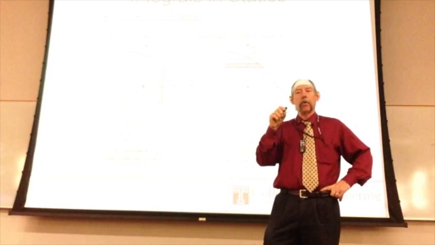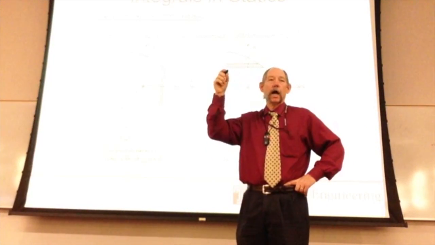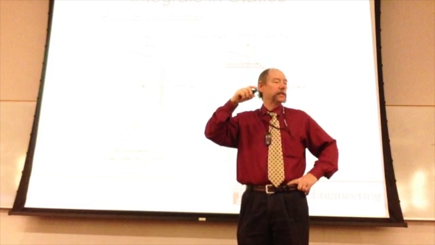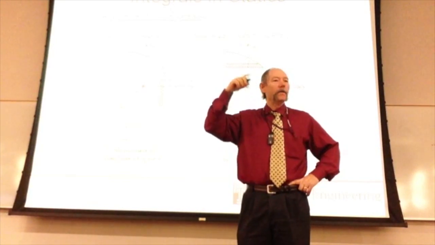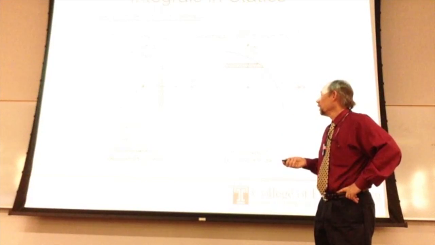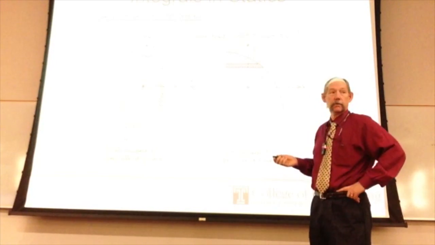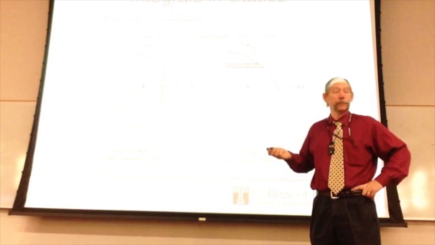The moment about a point is equal to a force applied to an object times the distance between the point of interest and the point of application of the force. So for instance, if I wanted to know the moment about that point induced by a force applied here, it's the magnitude of the force times the distance between the point of interest and the point of application.